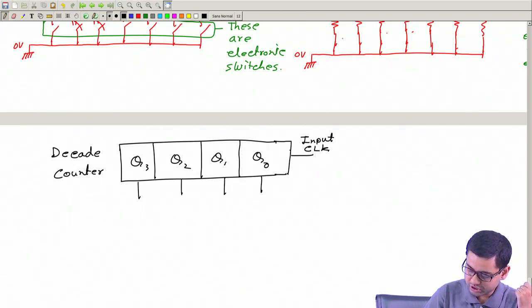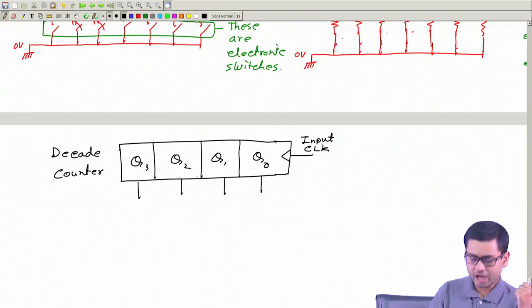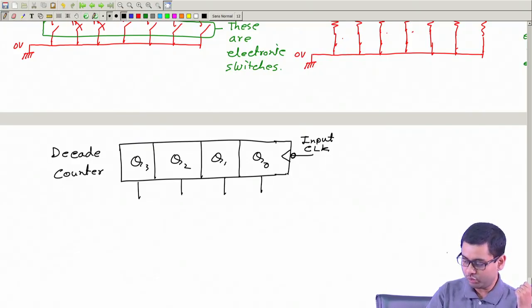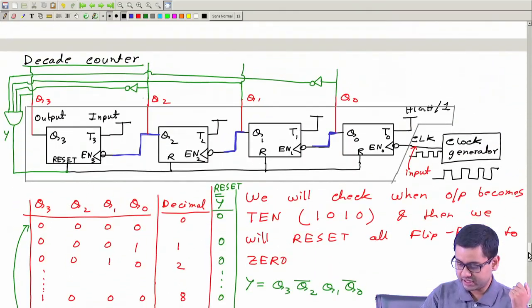I should put a triangle to denote the fact that this counter is sensitive to edges. Okay, so that means the counter counts or changes its value only when an edge comes. And I can also draw a bubble if it is a negative edge triggered counter like this.